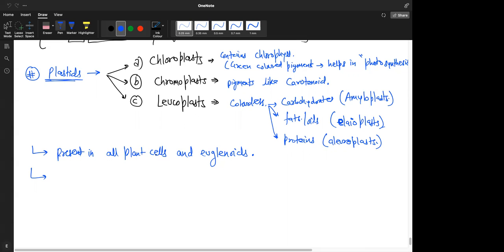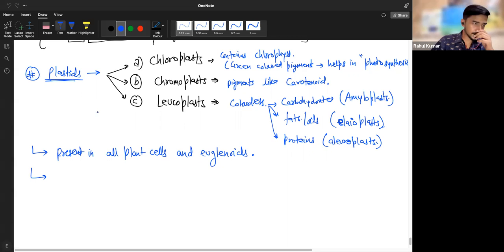So it's present in plant cells and euglenoids, and plastids can be of three types. Then just write this down. Just make this chart, this flow chart.